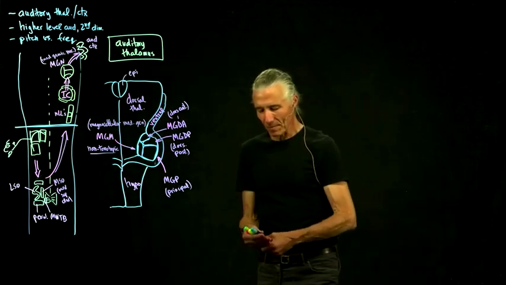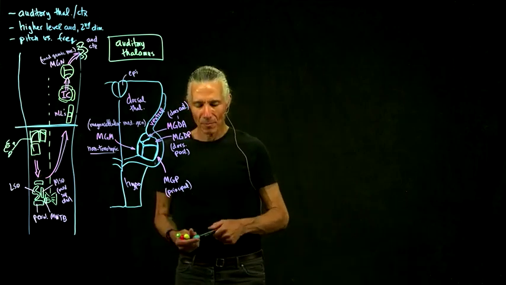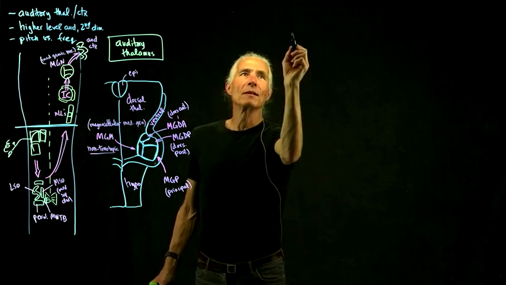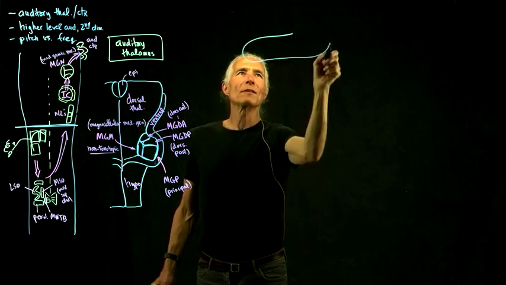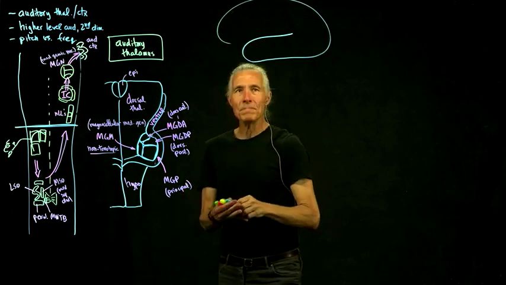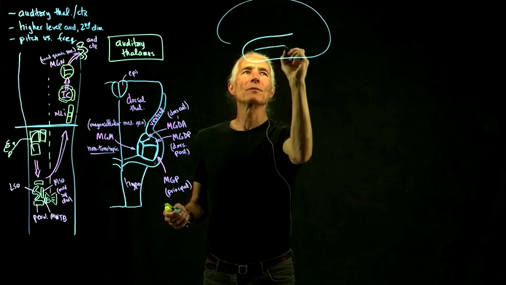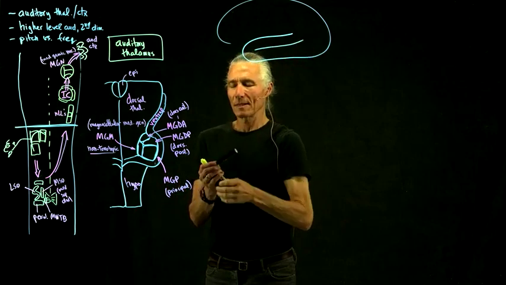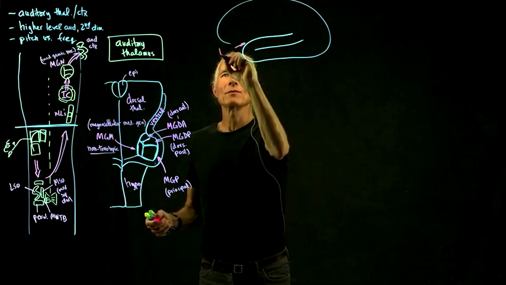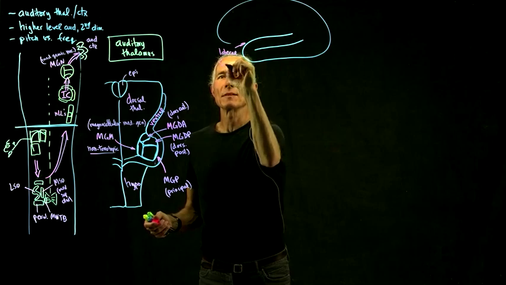We're not going to go through all of them, but we'll try to point out approximately where they are. If we draw the left hemisphere here, this is the lateral sulcus, sometimes called the sylvian.